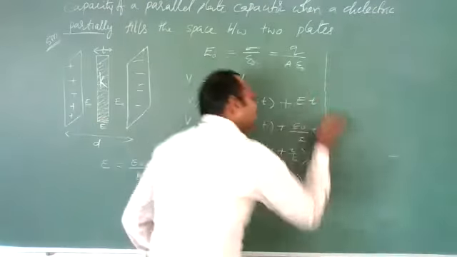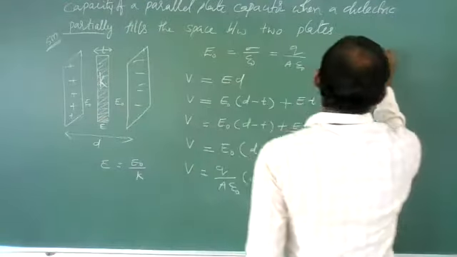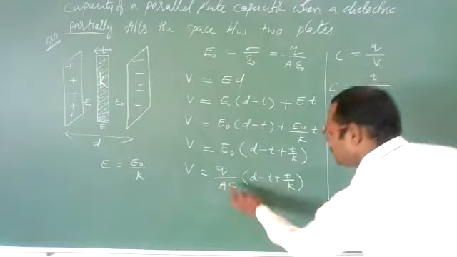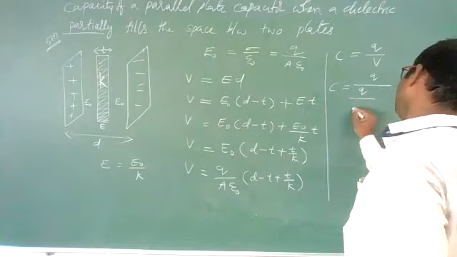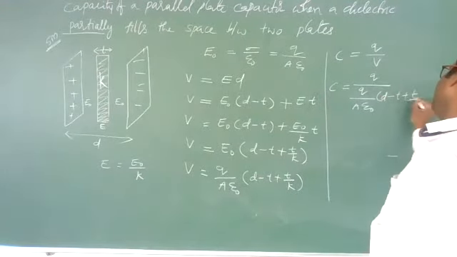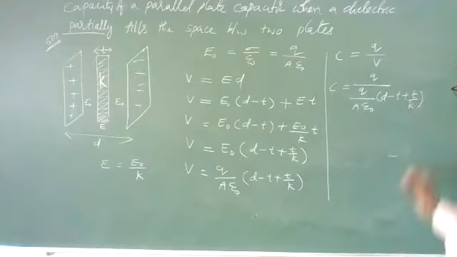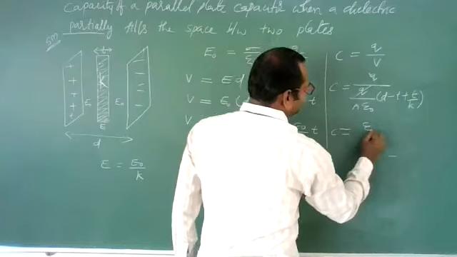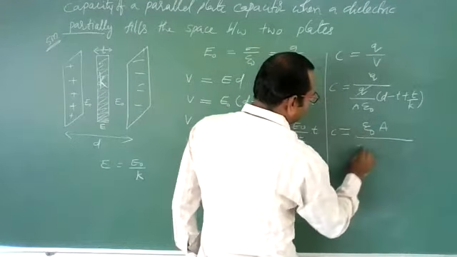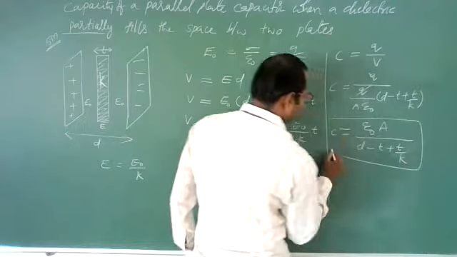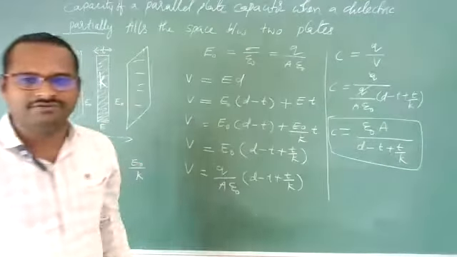Now write this in the form C is equal to Q by V. C is equal to Q divided by Q by A epsilon naught into d minus t plus t by K. This Q cancels, and you will get C is equal to epsilon naught A divided by d minus t plus t by K. Very important derivation.